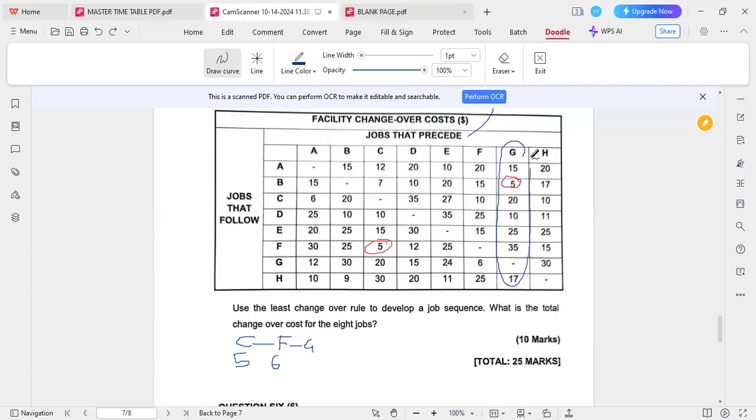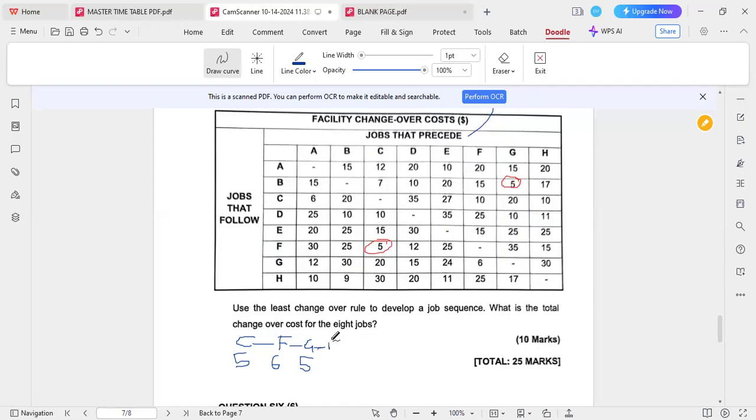It's 5. No, put 5, because you have circled 5. It was just an indicator of the two smallest numbers.